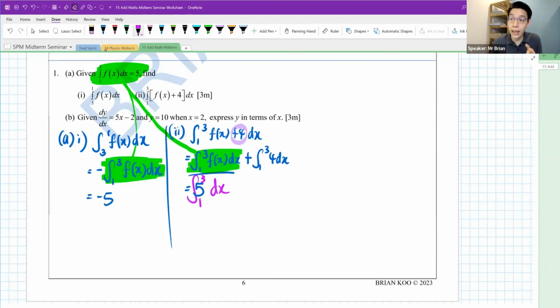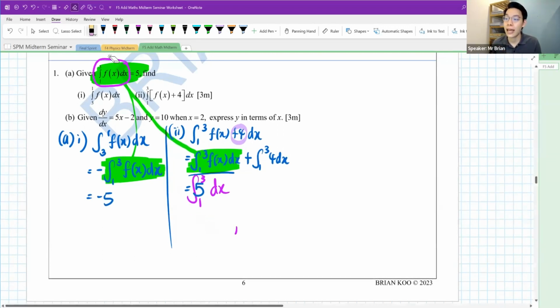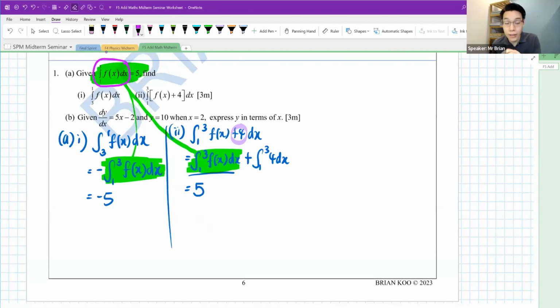You must understand that 5 is the answer of your integration, integrated and subbed in already for you. You don't go and integrate again, and don't go and sub in 1 and 3. So don't need to touch anything.